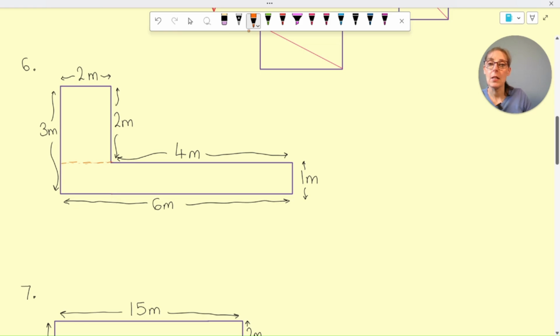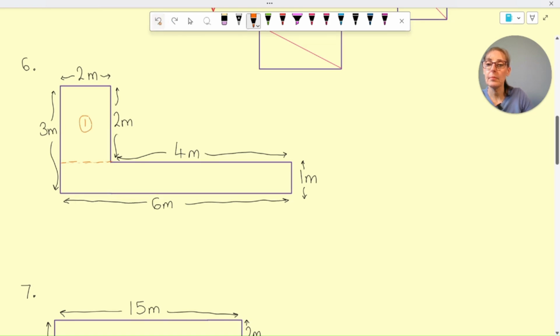Now I've got two rectangles, so I'm going to label them. I'll keep the same colour. We've got rectangle 1. That wasn't very well done, was it? And rectangle 2. Maybe I'll choose two different colours, might be wise.